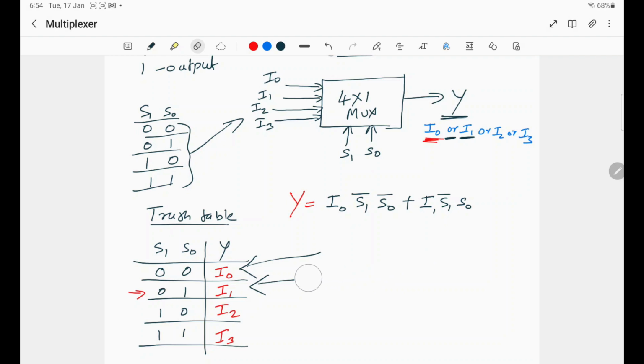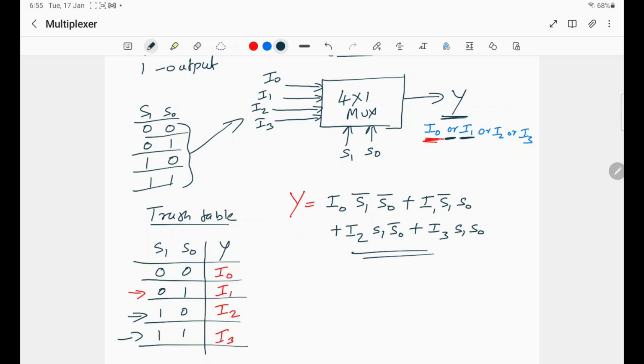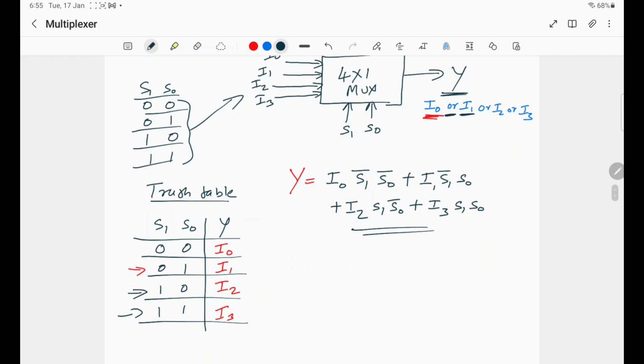Similarly, we will get I2, that is plus I2, only in this condition, that means S1 is 1 and S0 is 0. And we will get I3 at the output only when both S are 1. So this is the logic expression of the 4 by 1 multiplexer.